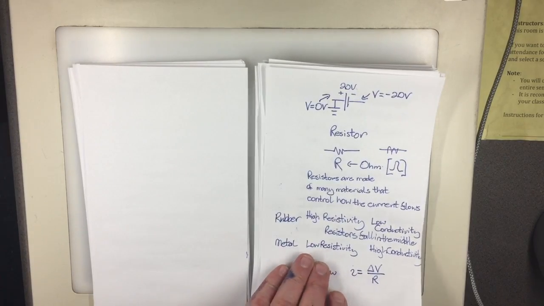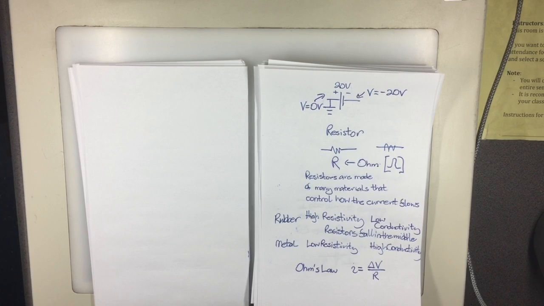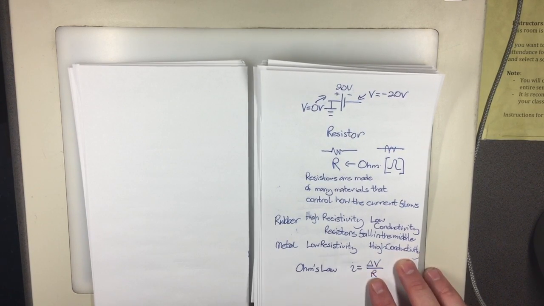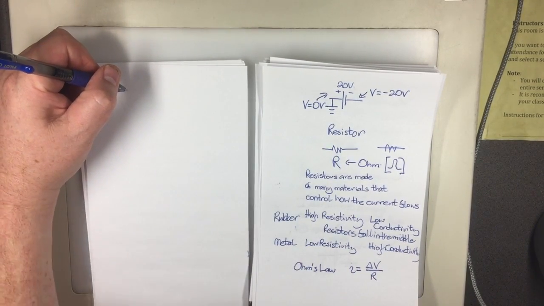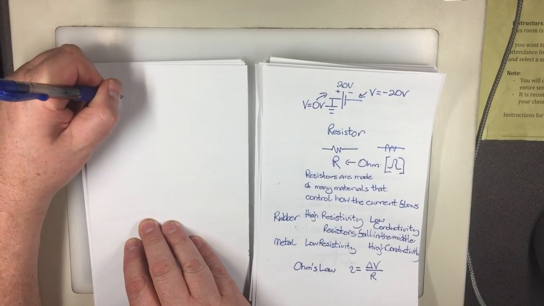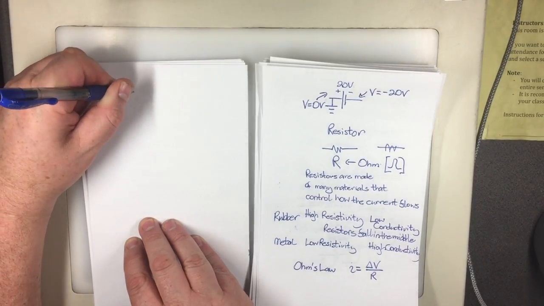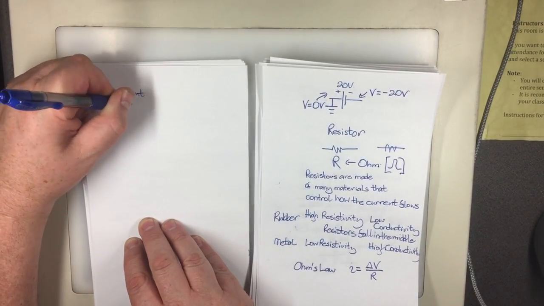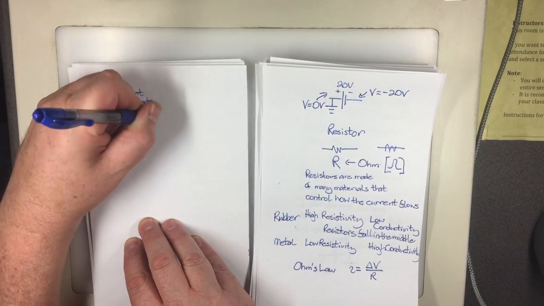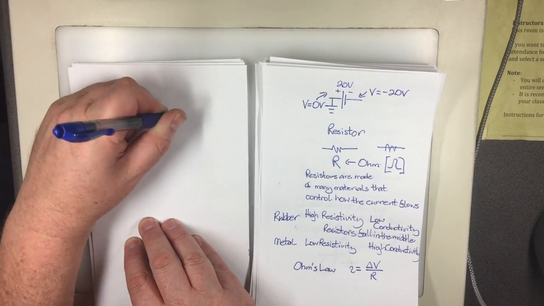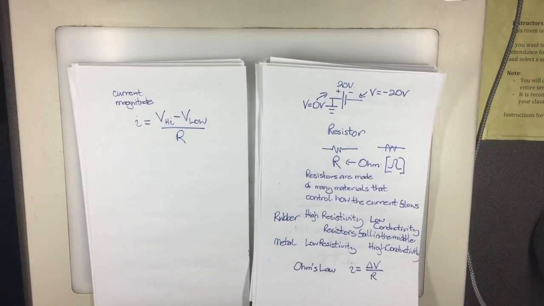So the equation that we're going to work with, I'm going to change Ohm's law just a little bit. The way that I like to do things is I like to deal with current magnitude, and I make it V high minus V low over resistance.